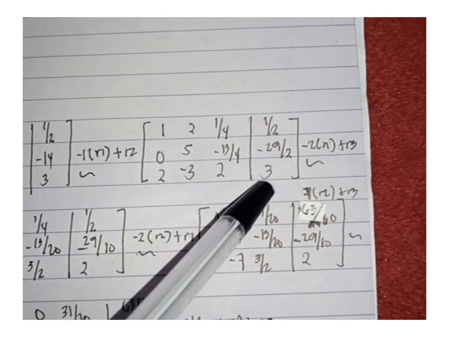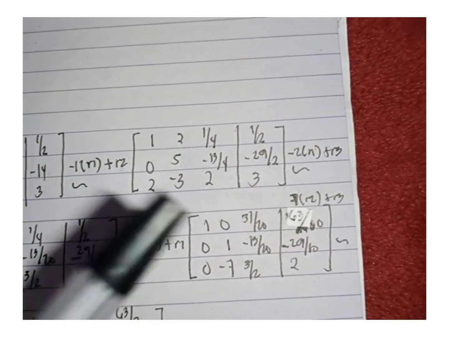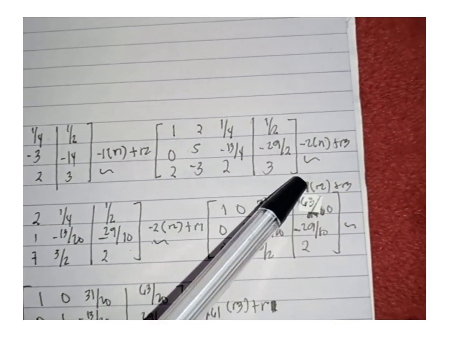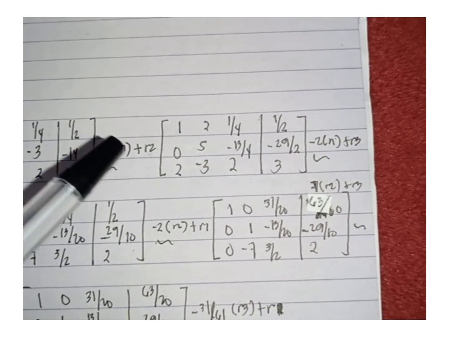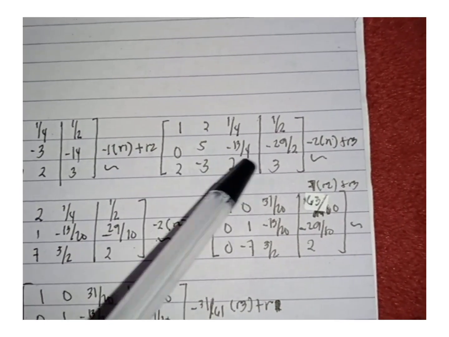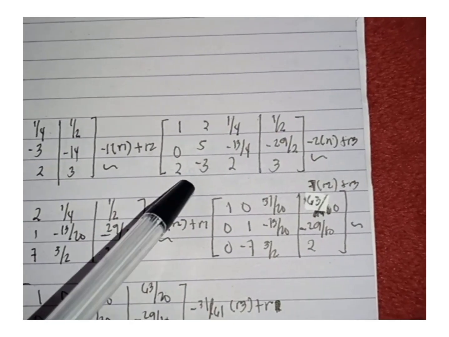Then we're going to find the value of row 3 by multiplying negative 2 to row 1 plus row 3, and we're going to equate 2 into 0. So negative 2 times 1 plus 2 will be 0.